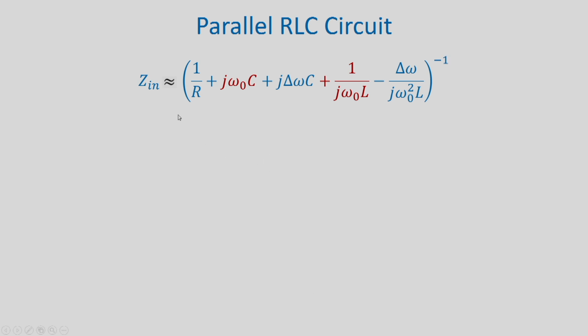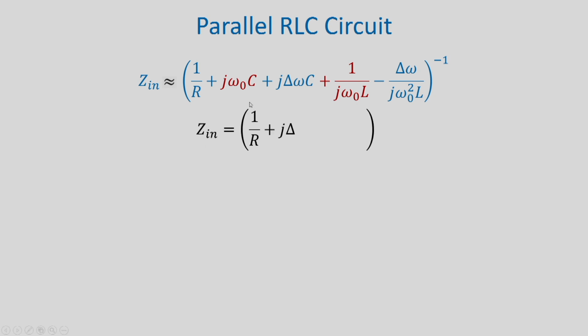Now, this is the form of Zin we have seen, and these two terms, j omega naught C plus 1 by j omega naught L, when combined, will give 1 minus omega naught square LC, and therefore, these two terms will cancel out.